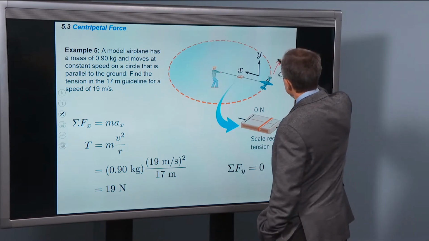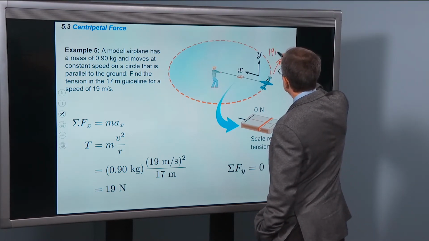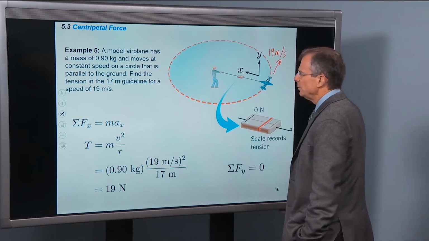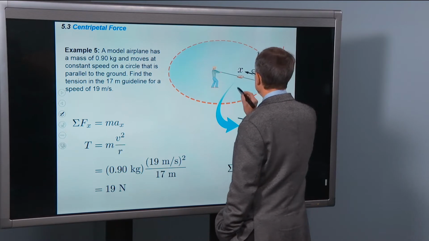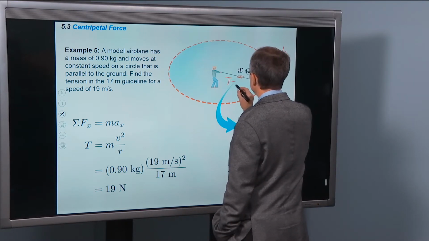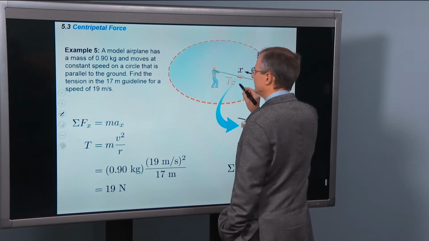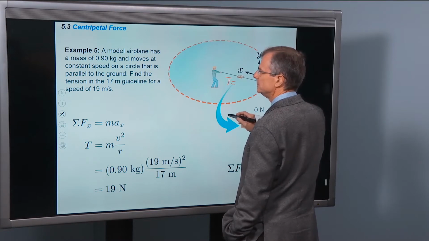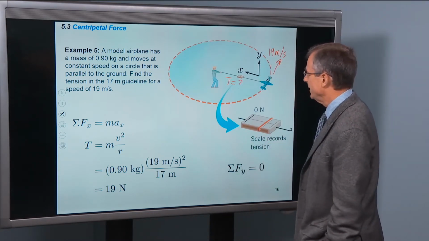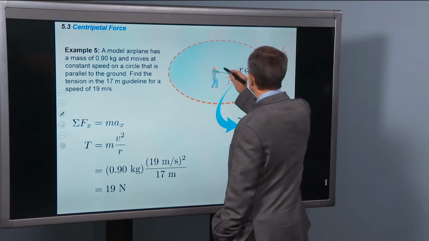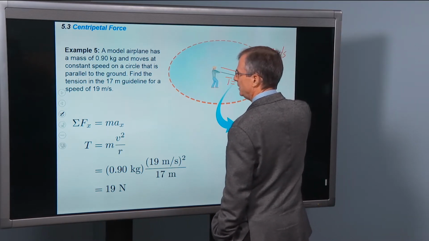So we've got a speed of 19 meters per second. We've got a tension in this guideline, and we're supposed to find that tension. And the radius is 17 meters.